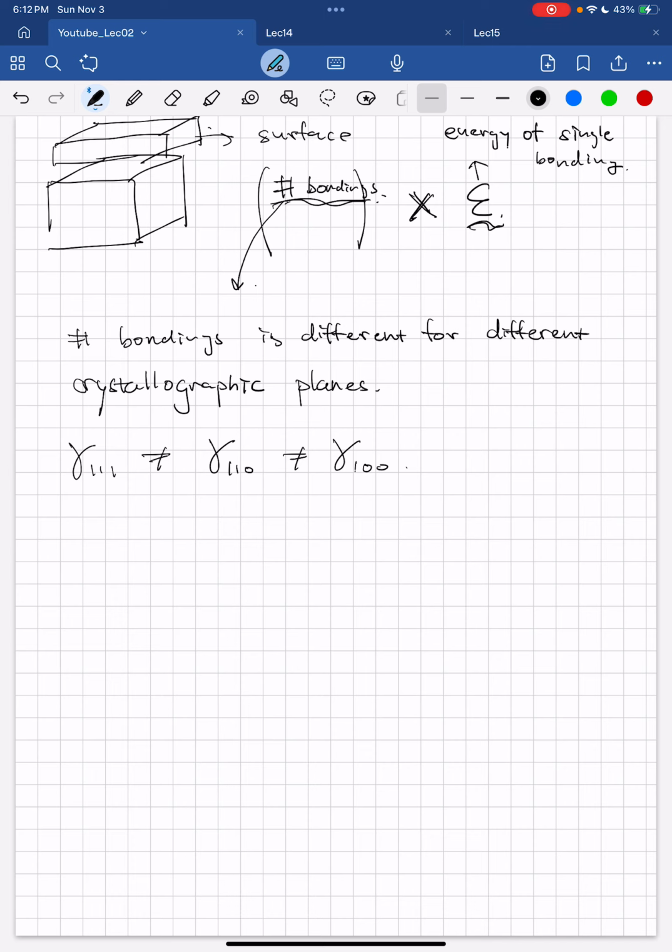So, let's continue with our lecture from here. Today we will talk about how the number of bonds to create a surface is different for different crystallographic planes.